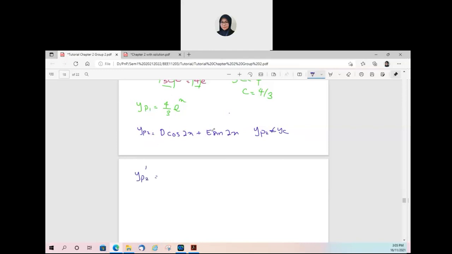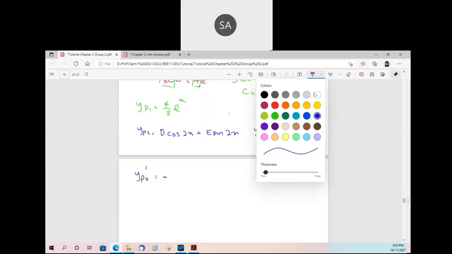Differentiate this part, D cos 2x. You differentiate D cos 2x, you will get, awak dapat? Negative D sin 2x, negative 2D.